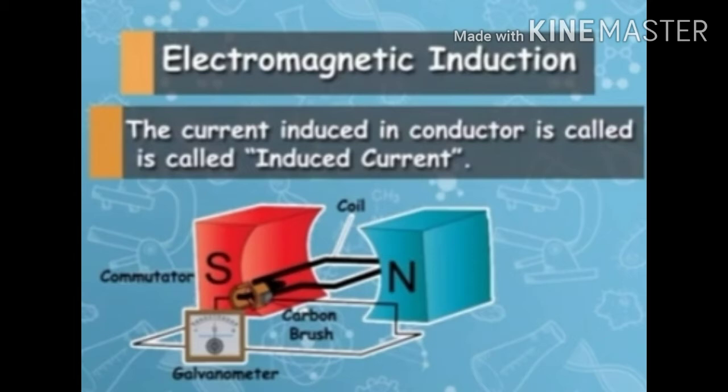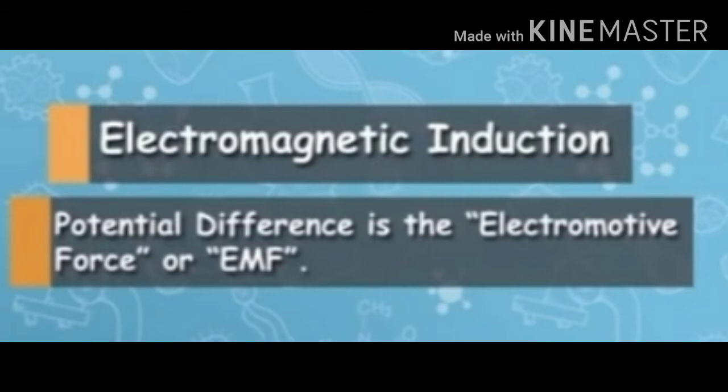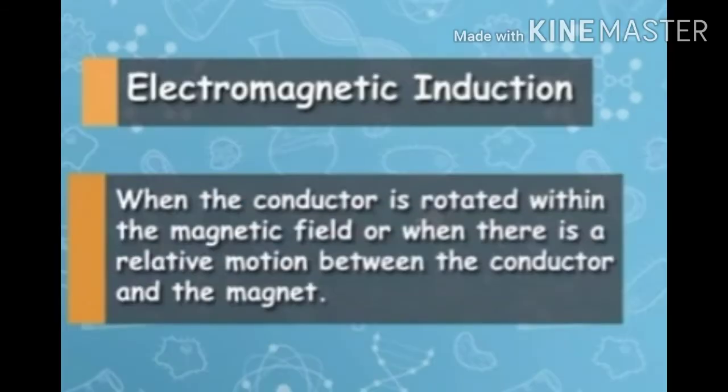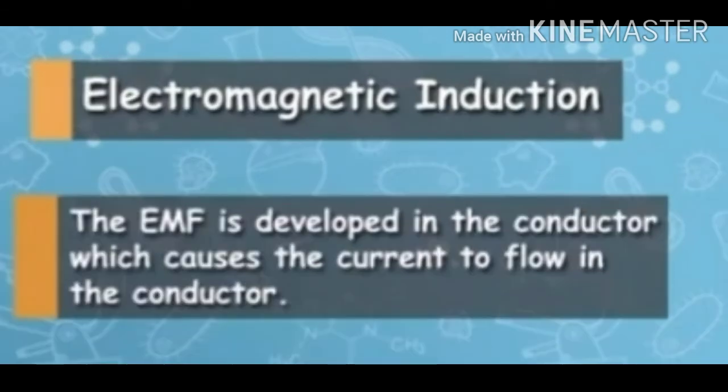Now how is the potential difference created? It is an electromotive force, or EMF. The potential difference is nothing but the EMF. In other words, when the conductor is rotated within the magnetic field, or when there is relative motion between the conductor and the magnet, the EMF is developed in the conductor, which causes the current to flow in the conductor.